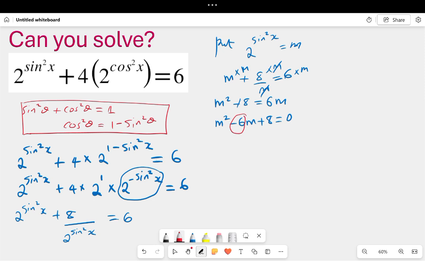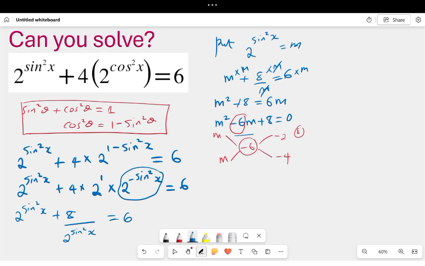But when we multiply these two numbers, we are going to get 8. The two numbers are negative 2 and negative 4. Obviously m squared can be split as m and m.